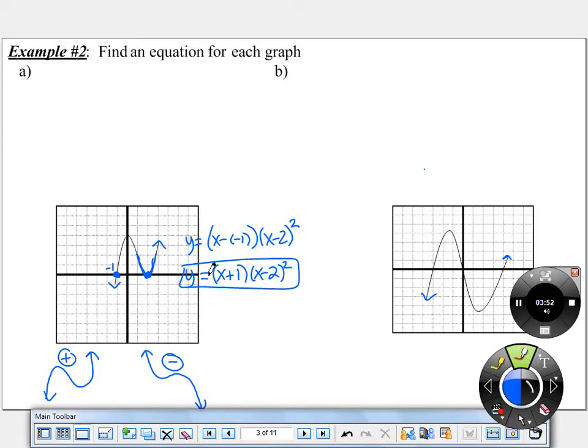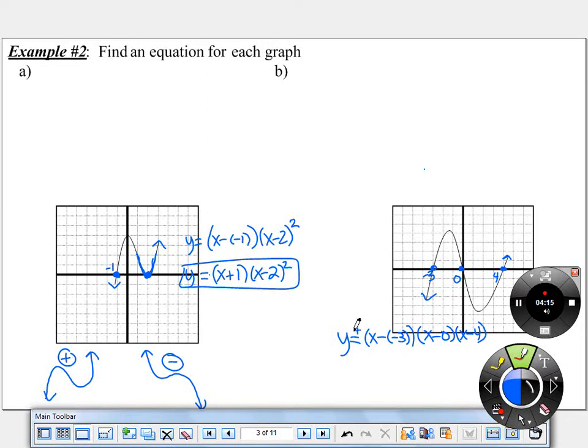So here we see the same thing again. And we're just going to go through these factors. So we have a factor here of negative 3, a factor of 0, and a factor of 4. Again, how I know those are factors is because the factor theorem says if those are zeros on the graph, then x minus that number must be a factor of that equation. So we have these factors.